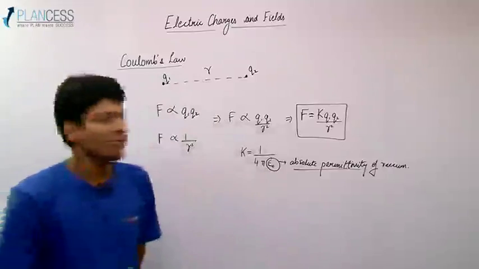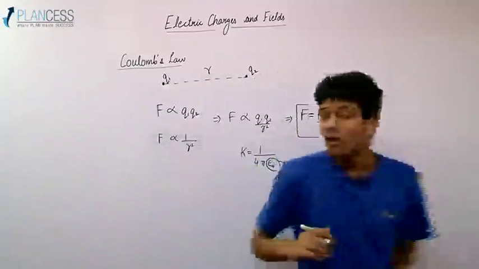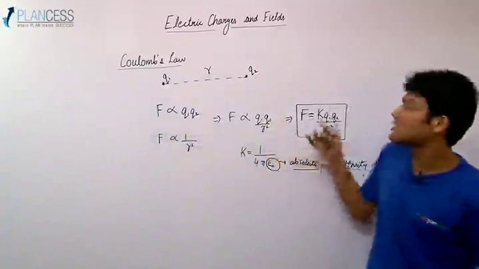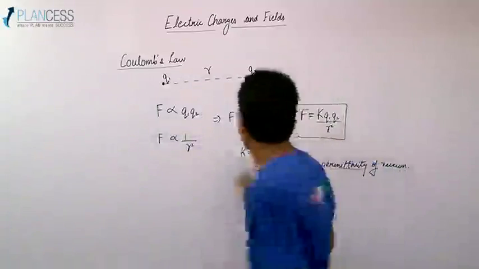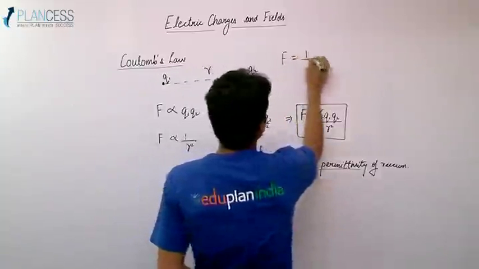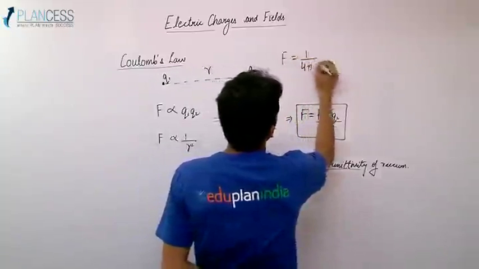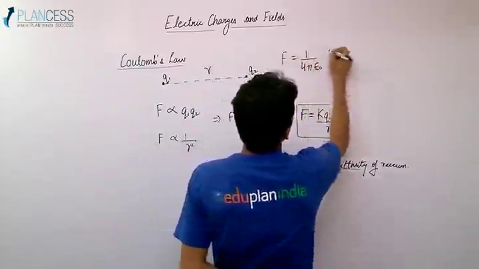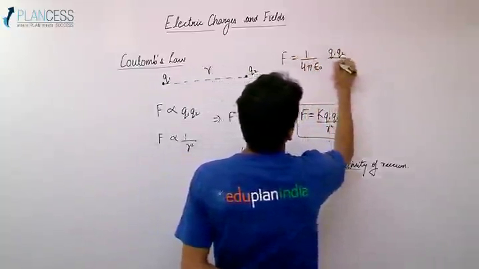Thus, the formula for the force between these two charges can be written as 1 by 4 pi epsilon naught Q1 Q2 by r square.